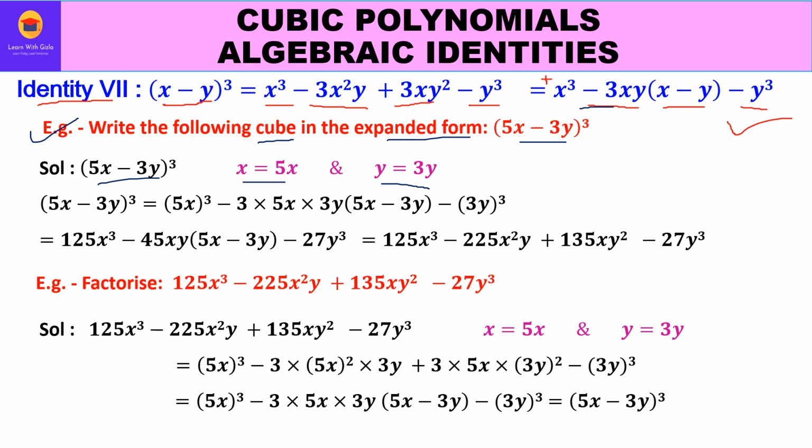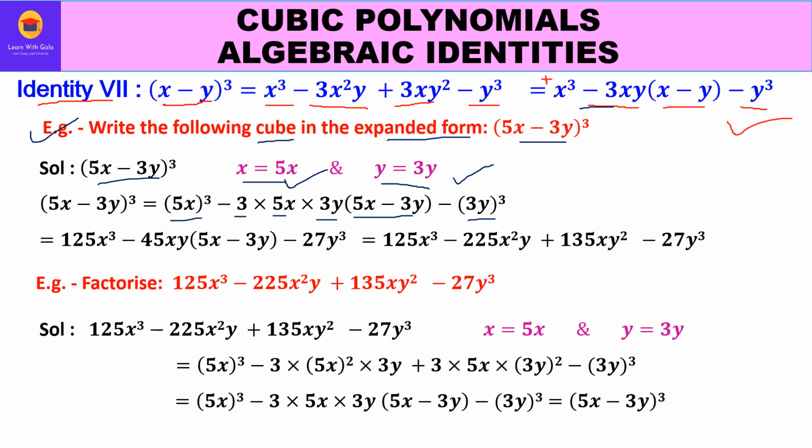Now put the values over here. x is 5x, y is 3y. So first is x cube, that is 5x whole cube, minus 3xy, so 3 into 5x into 3y. In bracket you have x minus y, so you will write 5x minus 3y. Now minus y cube, that means minus 3y whole cube.